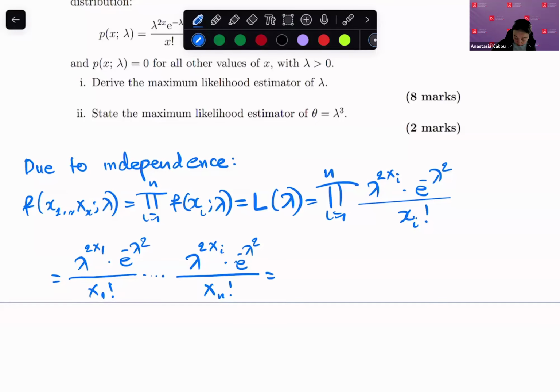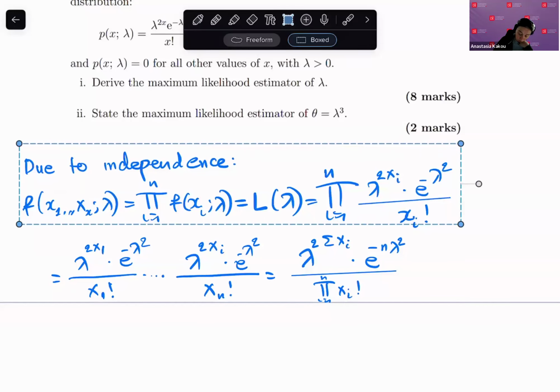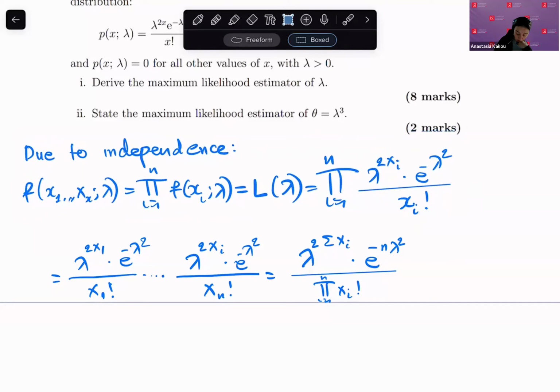That simplifies to lambda to the 2 sum of xi's, e to the minus n times lambda squared, over the product of xi's factorial. Right, so this is your likelihood function. We can just write it here just to have it.